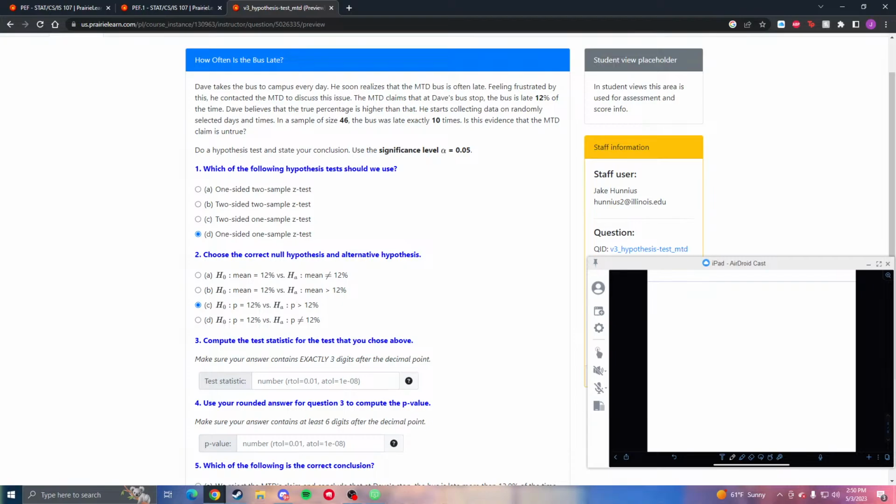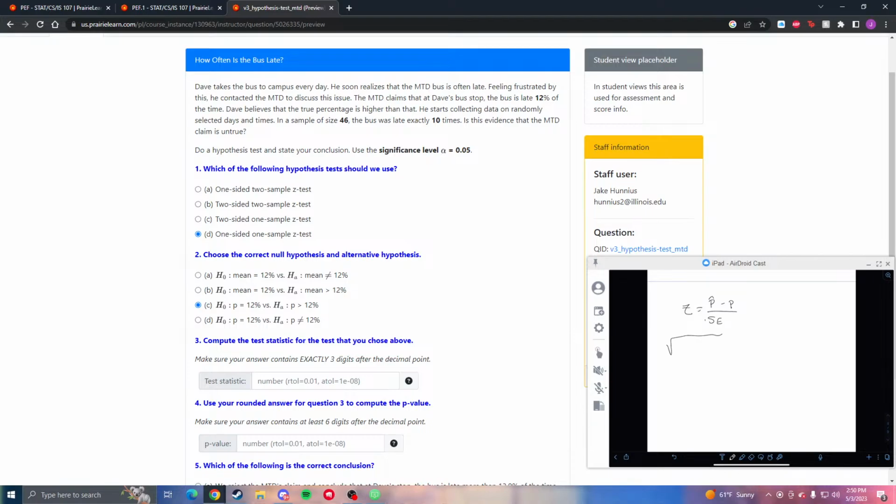And so the way we calculate our test statistic for proportions is Z, our test statistic, is equal to p hat, so our sample, minus our true p, divided by our standard error. But because it's a proportion, our standard error takes on a different form.